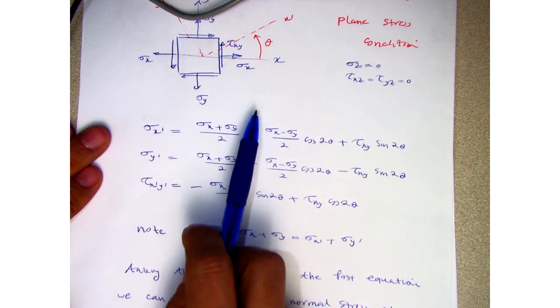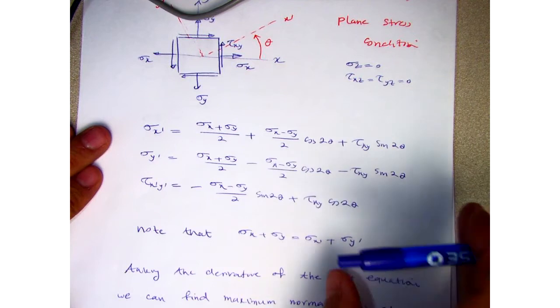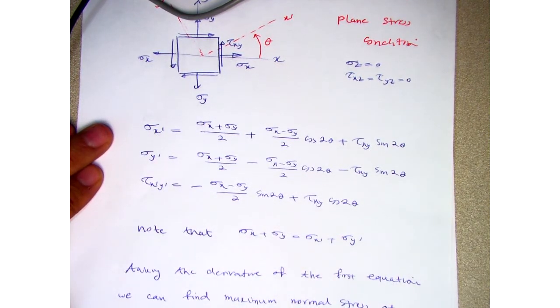So if you're interested in the value of stress in another direction, this is how you can calculate that. But most of the time, we are interested in principal axes and principal stresses. So I showed you how to use the formulas to find those for plane stress condition.